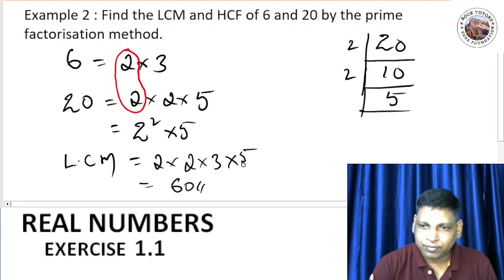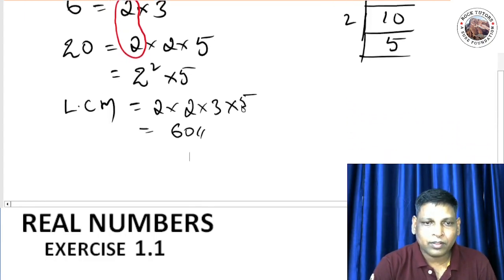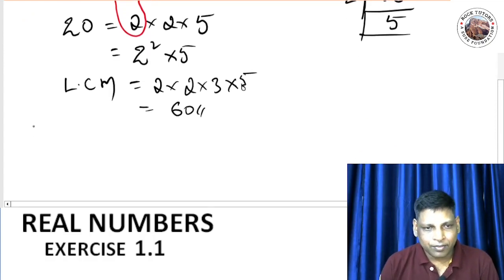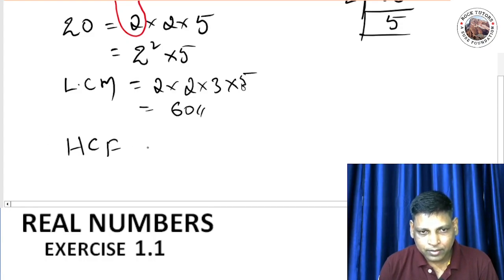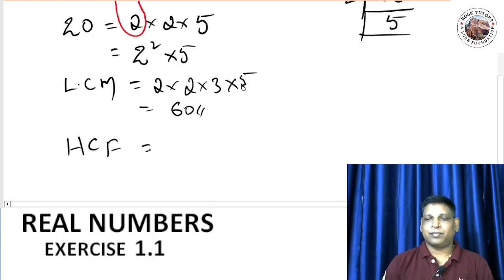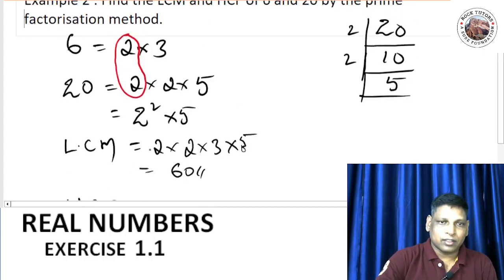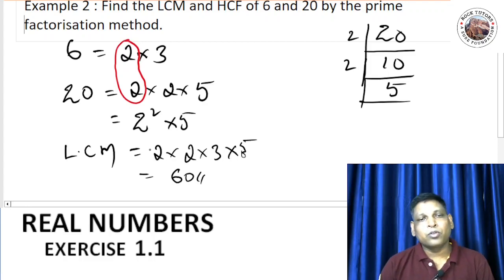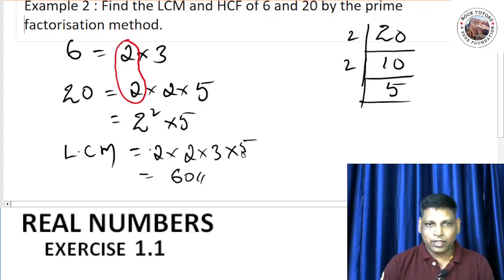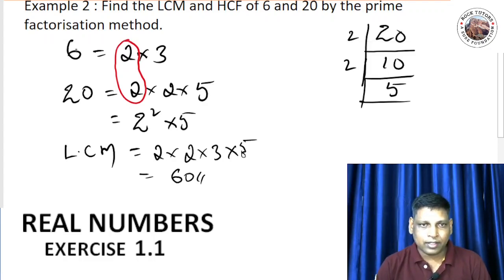What is the HCF? What do you mean by HCF? HCF means highest common factor. It must be a common factor. Now here 2 and 2 are the only common ones.